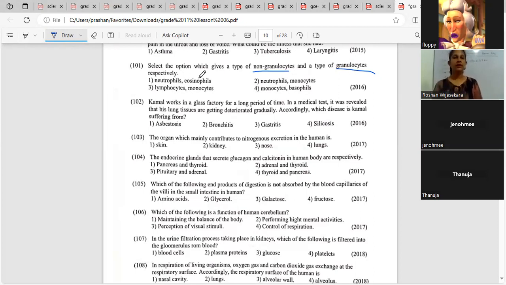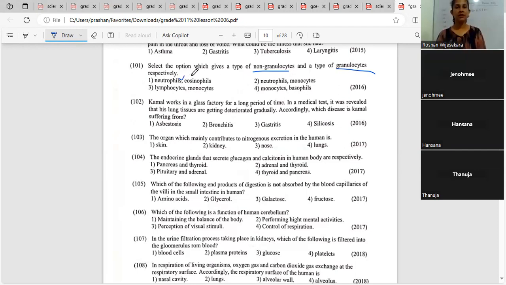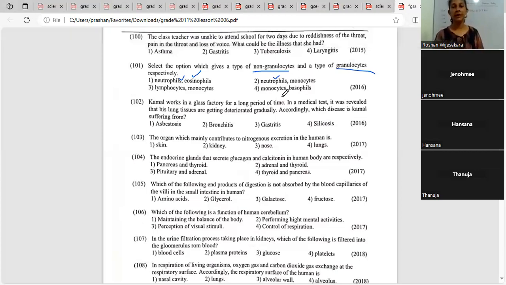Here, neutrophil and eosinophil. Granulocyte and granulocyte. Both are granulocyte. Neutrophil, granulocyte, monocyte, non-granulocyte. But here we have to select non-granulocyte and granulocyte respectively. Here, granulocyte and non-granulocyte.